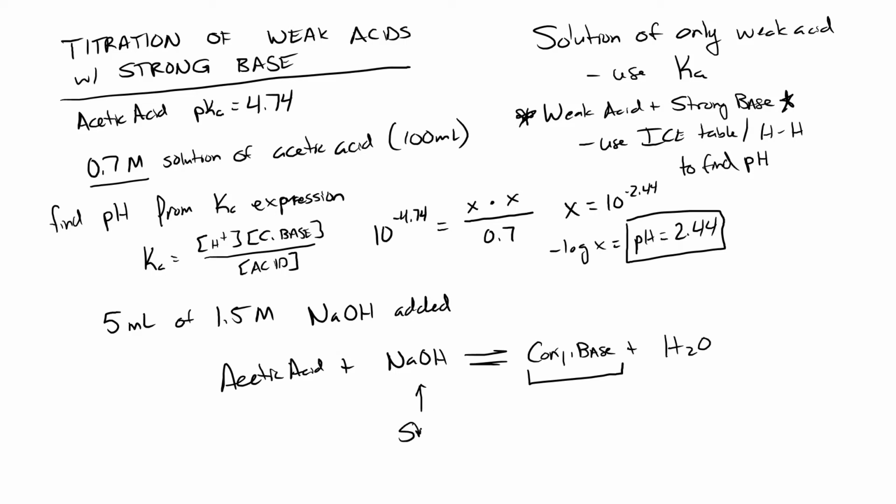Sodium hydroxide is a strong base. It has a very large Kb, right? That's what a strong base means, which means this equilibrium is a Kb type of reaction, right? The equilibrium constant for this reaction is Kb, right? Conjugate base as a product, sodium hydroxide and the conjugate acid as the reactants.